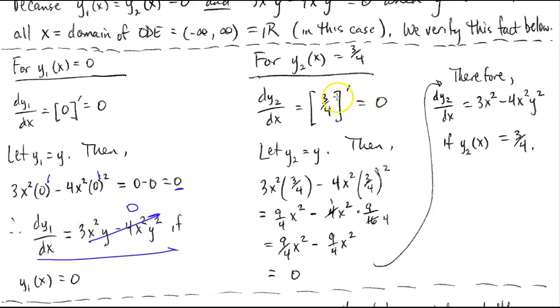Okay. Do the same thing for 3/4. The derivative of any constant is 0, so it satisfies that. And if I plug in 3/4 for y here, I still end up getting 0. And this expression here is what was on the right-hand side of my original equation, okay?